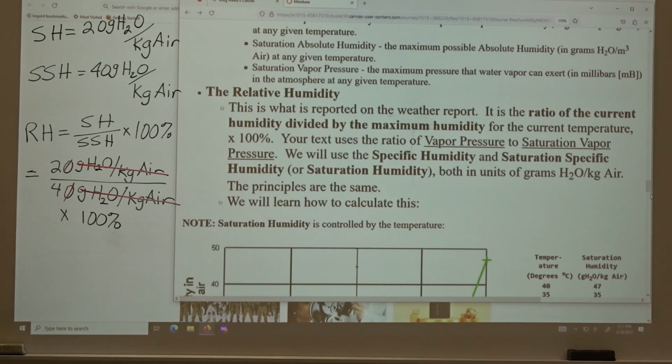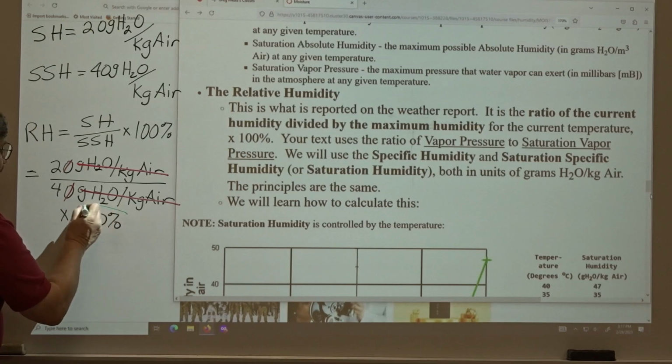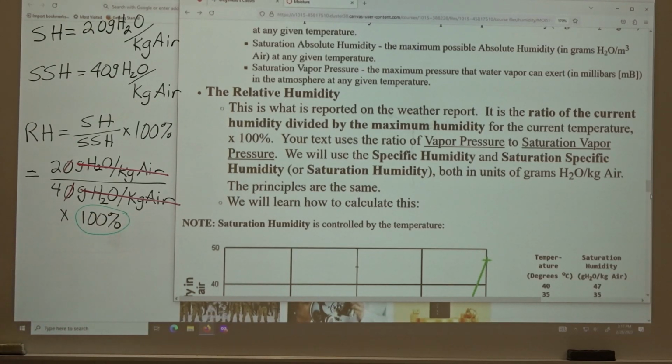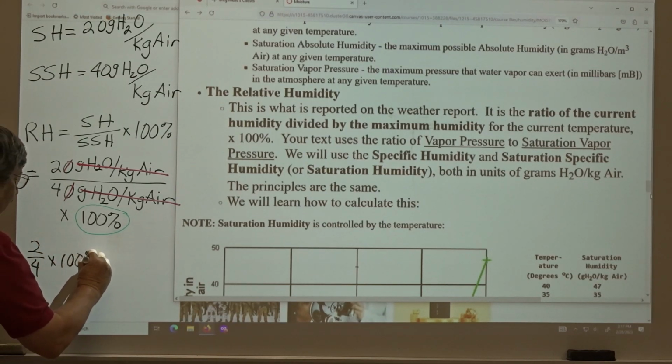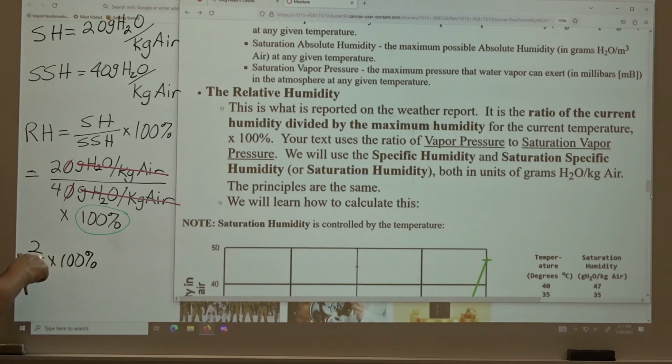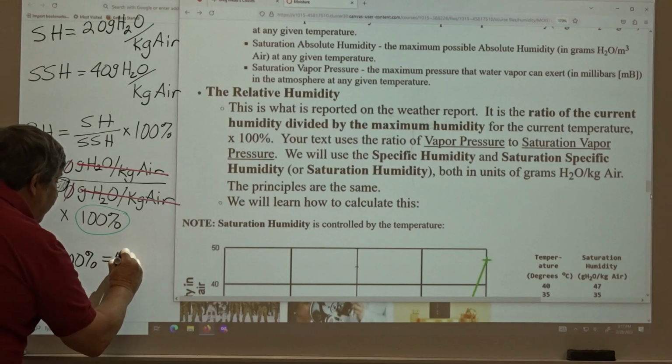And then the next thing to notice is that we have the times 100 to turn this into a percentage. The whole thing will simplify to 2 over 4 times 100%. And that's 1/2. So 1/2 of 100 is 50%.